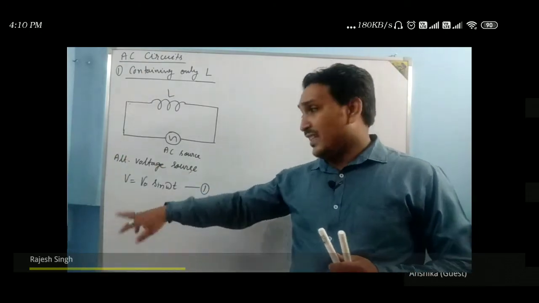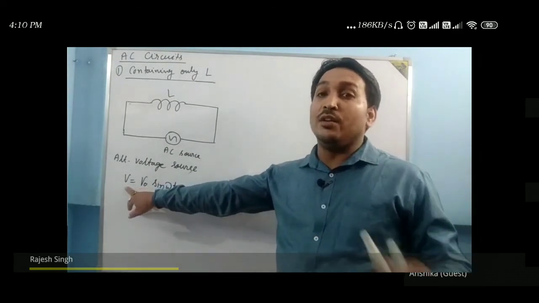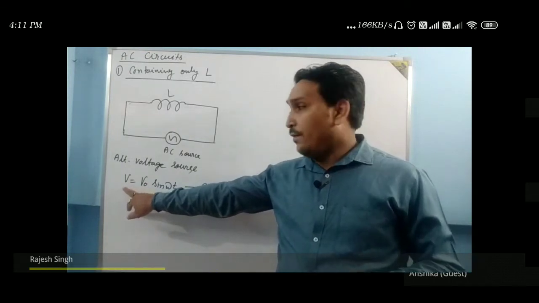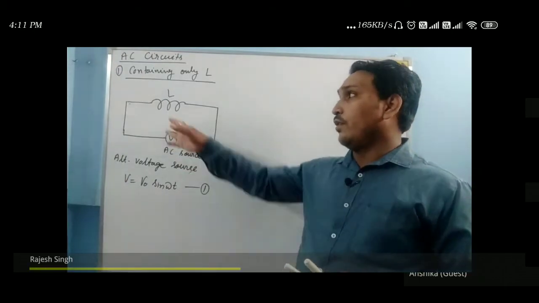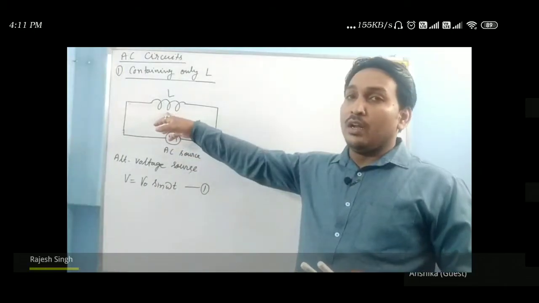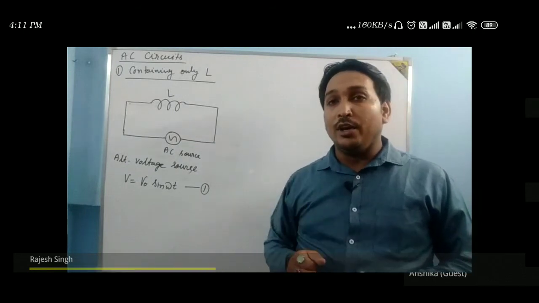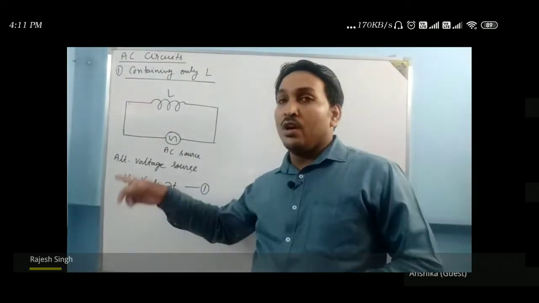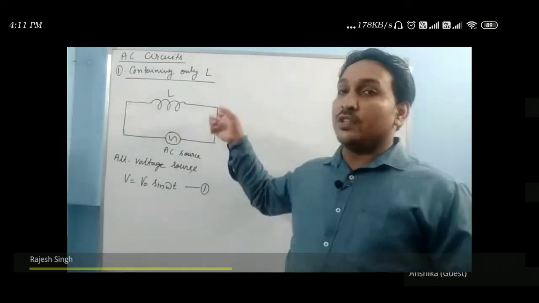Another is that, since alternating current changes continuously, the magnetic field linked with the coil will change, and if the magnetic field changes, then EMF will be induced. So there will be two voltages, the source voltage and the induced voltage, and there is nothing across which this voltage is spent.